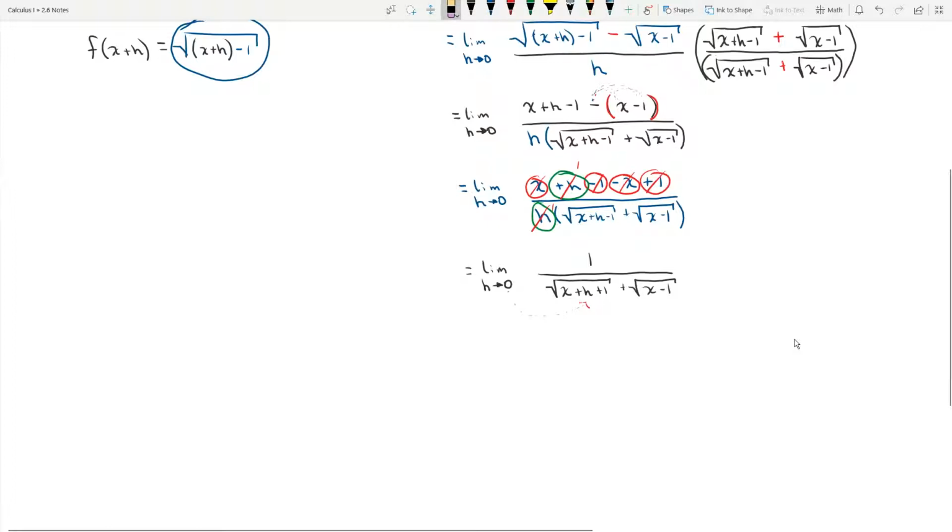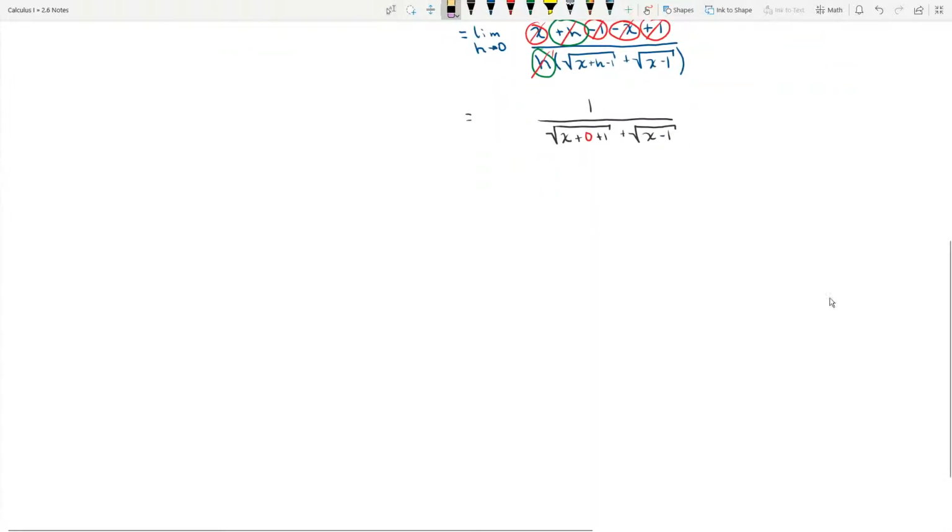So if I erase this h and substitute with 0, as soon as I substitute with 0, I can eliminate the limit as h approaches 0. So now we can just simply evaluate this as 1 over, well, the square root of x plus 0 minus 1 leaves us with x minus 1. Sorry, that should have been minus 1. From here, I brought it down incorrectly.